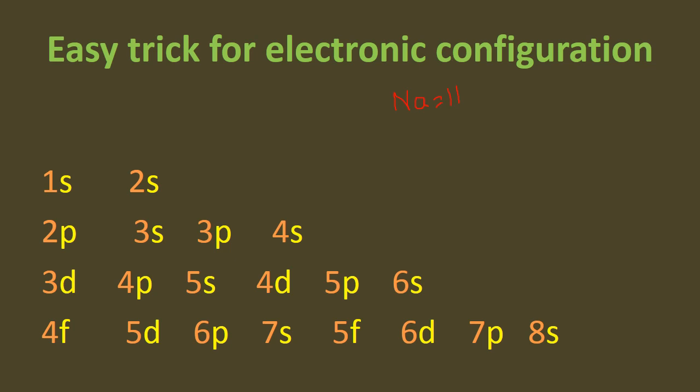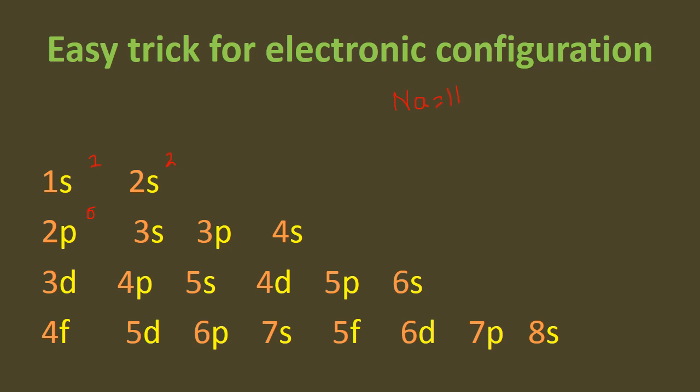Now the atomic number of sodium is 11. So how many electrons can accommodate in the S subshell? Yes, you are right, it's going to be 2. So 2 comes here and 2 will accommodate in the second S subshell, while the P subshell can accommodate 6 electrons.